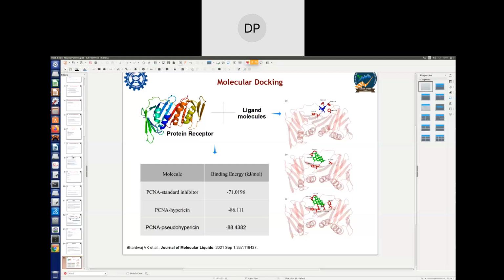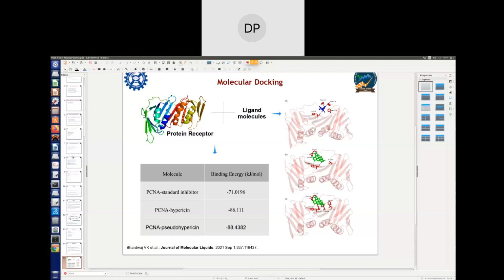In the table, you can see that we have the standard inhibitor, or the co-crystallized inhibitor, and two other bioactive molecules, hypericin and pseudohypericin. On the right side, you can see the co-crystallized ligand on the top, and the other green-colored bioactive molecules docked in the PCNA, and you have the binding energy here. The best binding energy is pseudohypericin. So this is a bioactive molecule which can perform a similar biopharmacological action like the standard molecule.